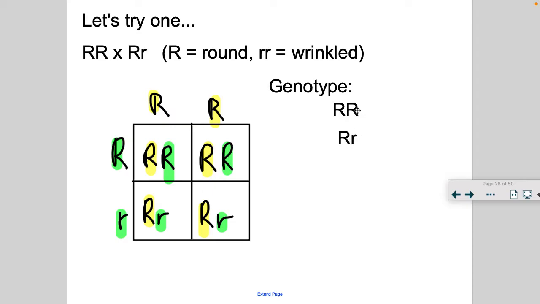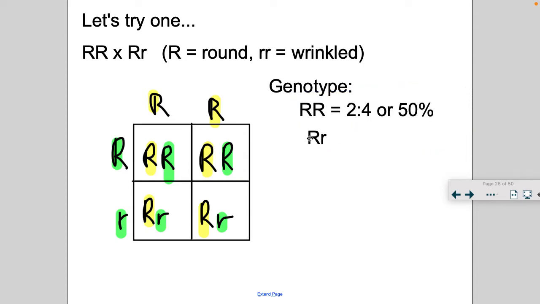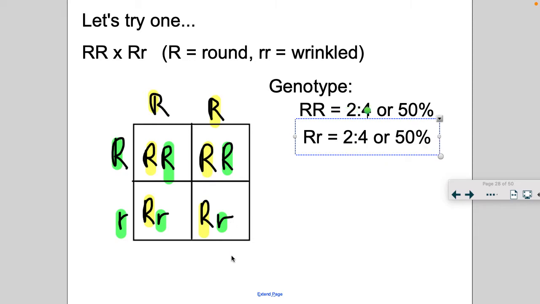Maybe they want to know how many are big R, big R. So I'm going to use my ratio. 1, 2. 2 out of 4. Or, what's another way you could show your answer? You could put it as a percentage, 50%. All right, big R, little r. Looking at my Punnett square, oh, 2 out of 4, or 50%.